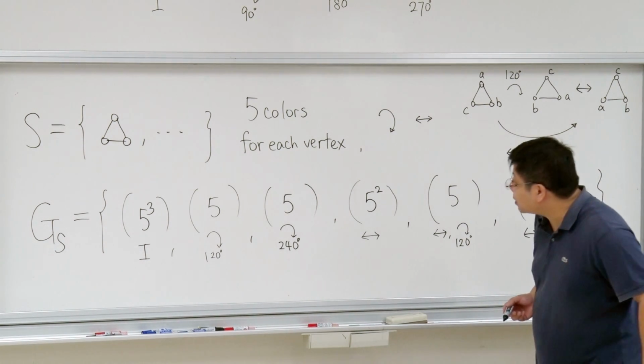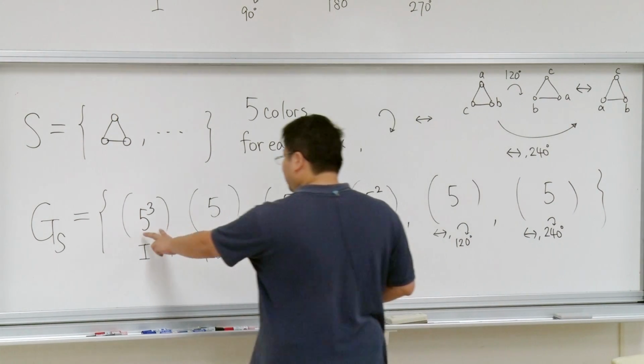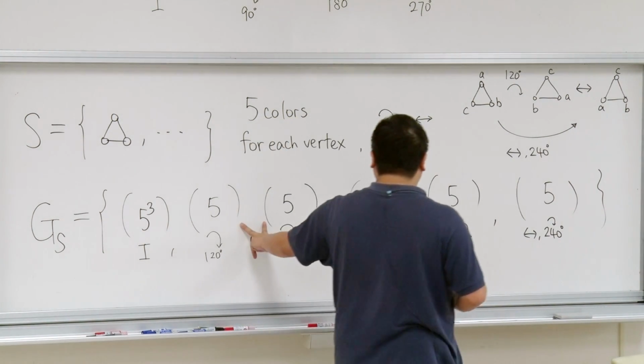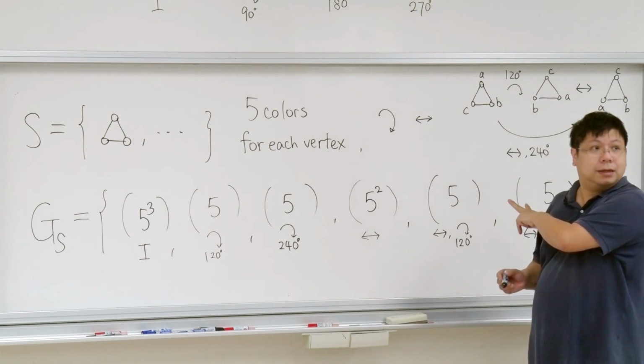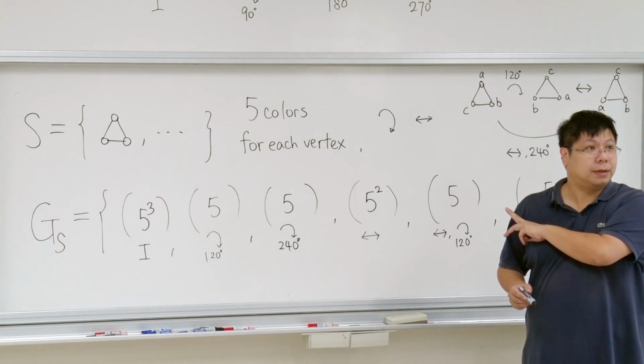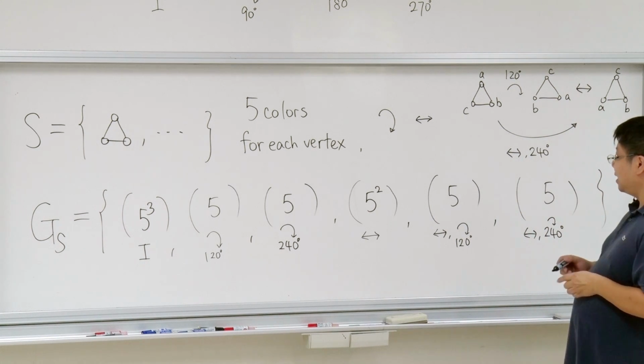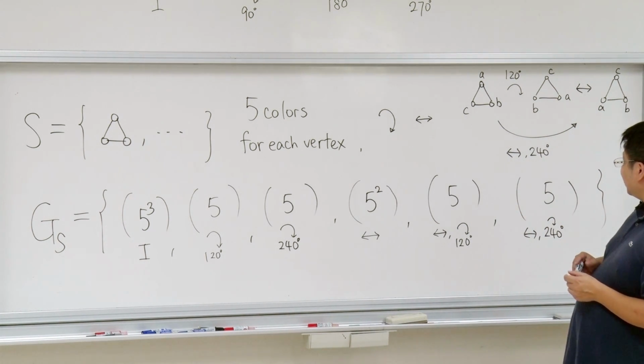Let's count. So this is 125, 135, 160, 170. So there are 170 of them. Something wrong. 170 cannot be divided by 6.